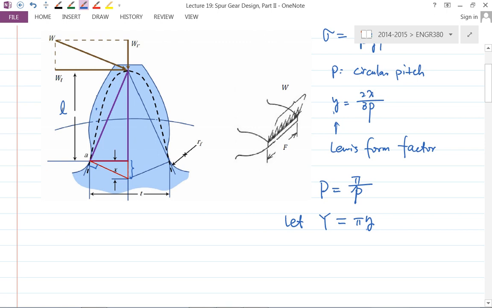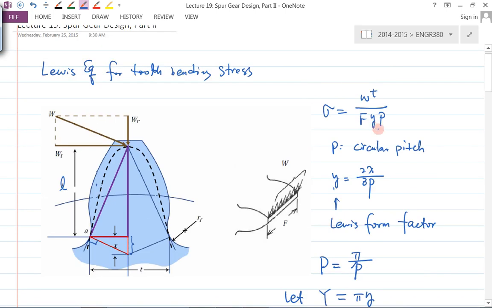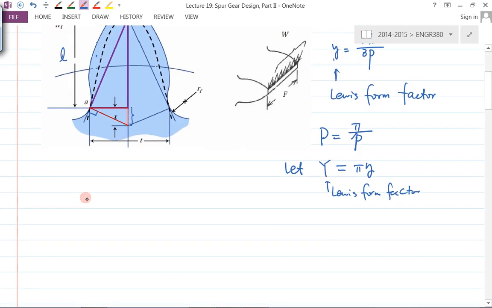So this guy here is also the Lewis form factor, and this is what we're actually going to see in most of the tables. But the sigma, which is originally in terms of small p and small y, will be changed consequently. Very straightforward change by substituting all the symbols.